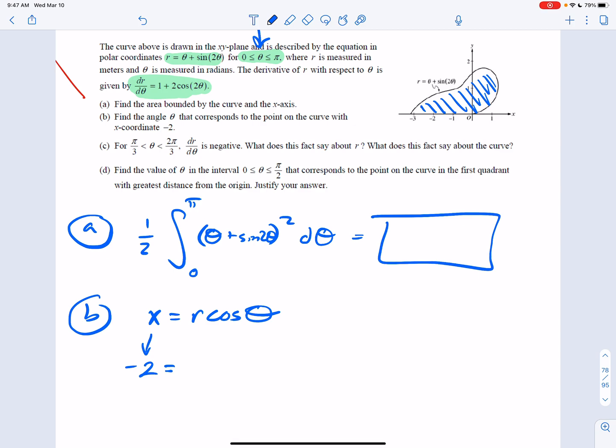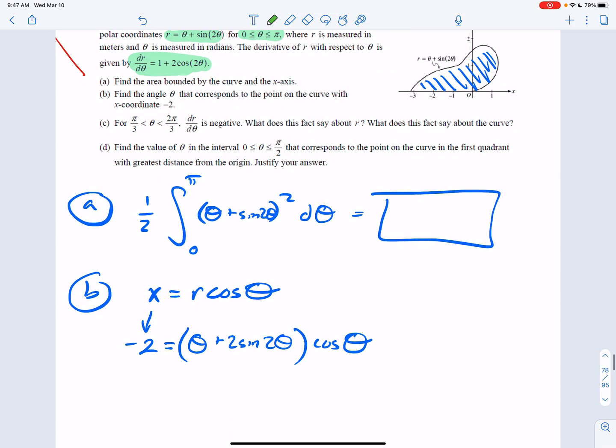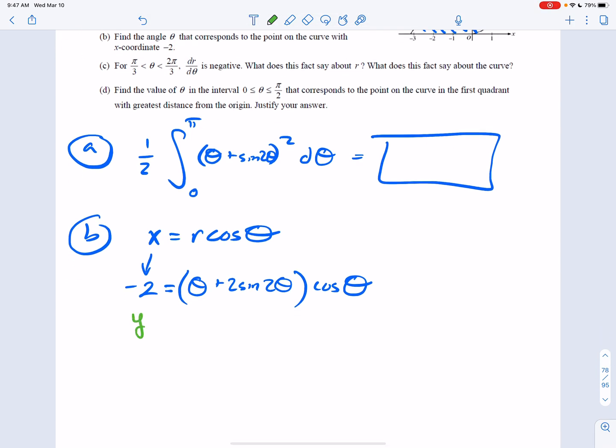We know that r is theta plus 2 sine 2 theta, times cosine theta. Notice how the only missing variable we have here is theta. So we're going to use our calculator again, and go ahead and find our intersection point. I would let y1 equal this and y2 equal all of that there, okay?